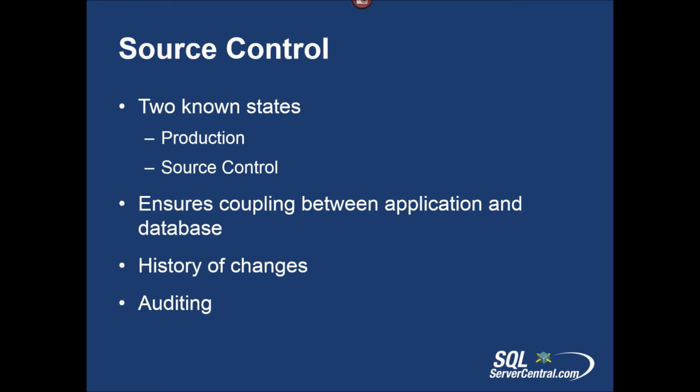When Timmy the developer has screwed something up, I get to go and check on him. Timmy is my default name for somebody who screwed something up. But auditing is a great mechanism for being able to know where those changes came from, when they came in, and all that other stuff. And that's all through source control.